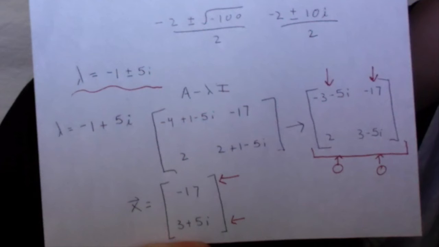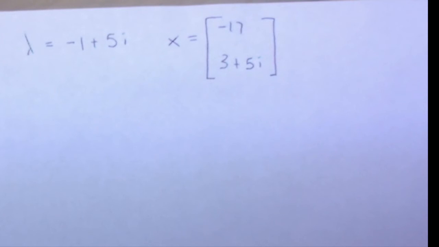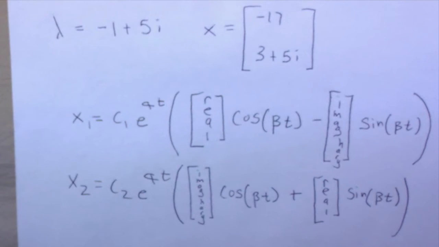You could find the second eigenvector the same way, but it's a lot of work, and there are two formulas you're given that you can just plug your first eigenvalue and eigenvector into to give you your solutions. So all you really need is your first eigenvalue and eigenvector. Once you have them, you look at your two formulas. These formulas take into account the fact that your eigenvectors and eigenvalues are complex conjugates, and so all you have to do is input your first eigenvalue and eigenvector into both of these to get your correct solution.